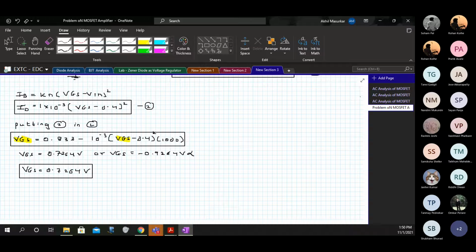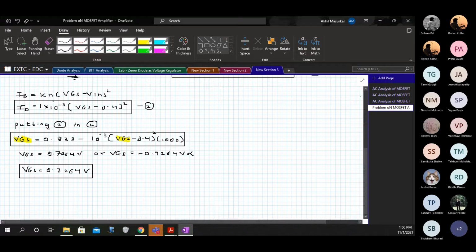Correct. Now we are free to calculate the value of ID. ID is now going to be, from equation number 2, 10 raised to minus 3 into (0.7264 minus 0.4) the whole square.